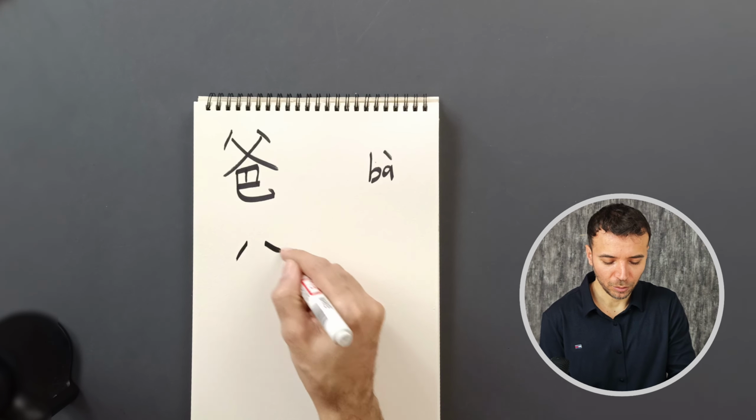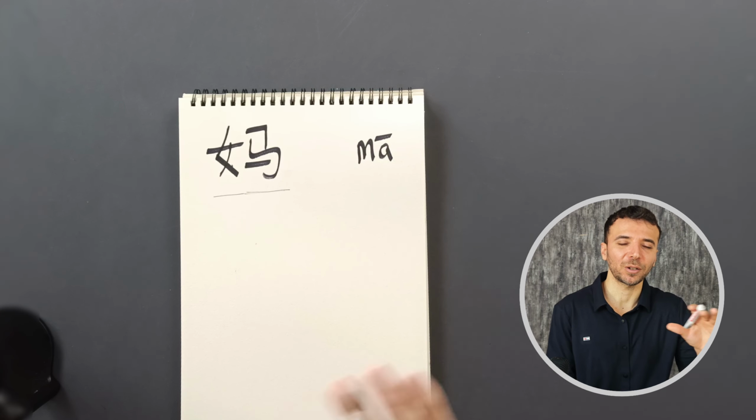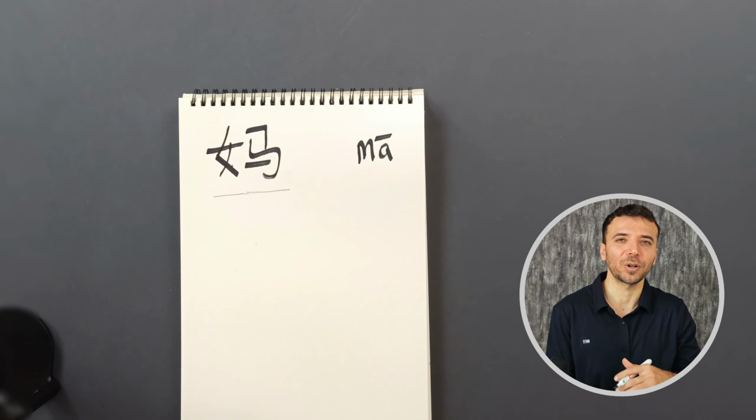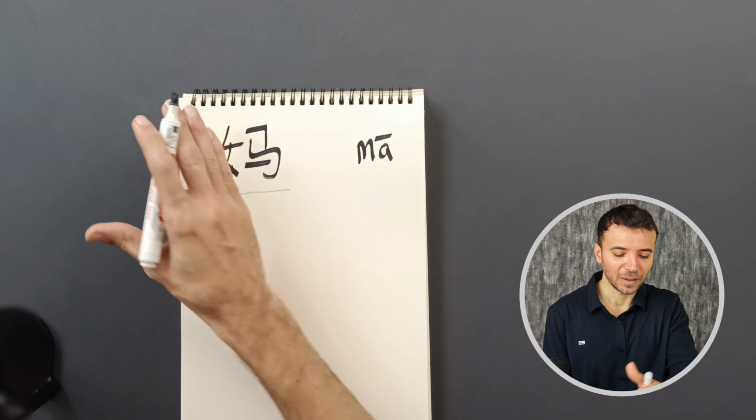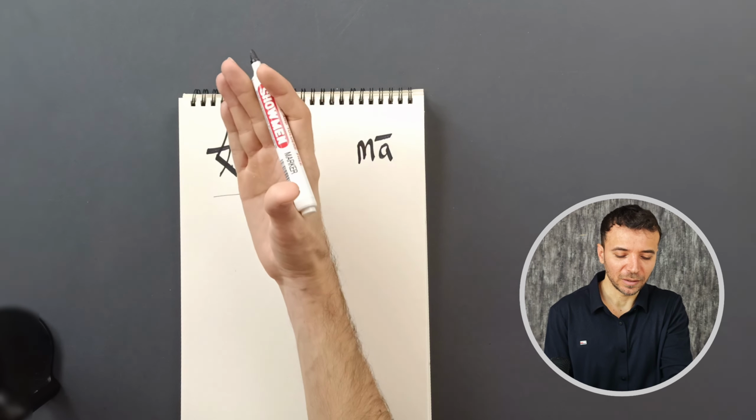Although ma alone is a third tone, meaning horse, but the sound is still kind of similar. Ma, ma. The tone is different, but the sound is generally very similar. And the left part is for the meaning. So when we look at the character like this, we look at the right side to get a hint of the sound and the left part to get a hint of the meaning.